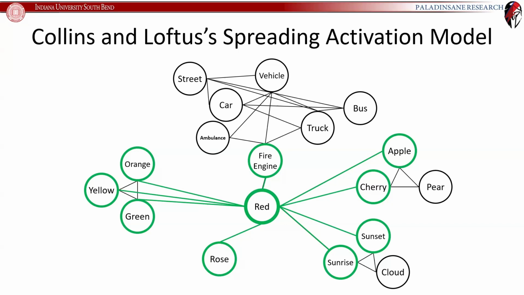Then, once those secondary concepts that are linked to red are partially activated, this spreading activation model indicates that they too will send activation forward, and that will spread to secondary activations. So whenever you think about a concept, it's not just that concept that starts to get activated in your mind.